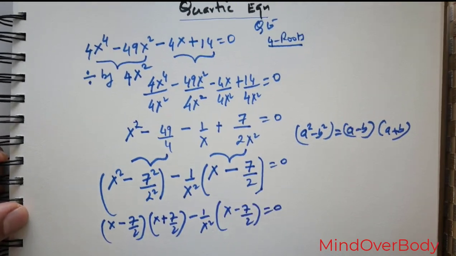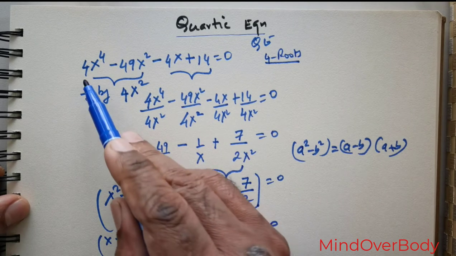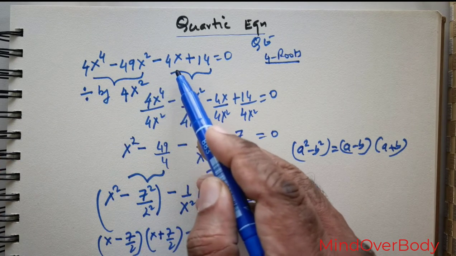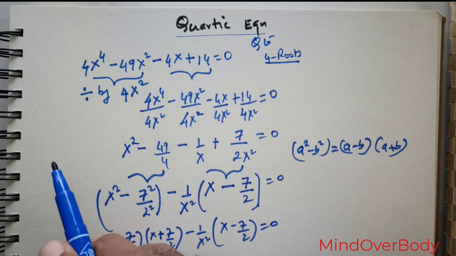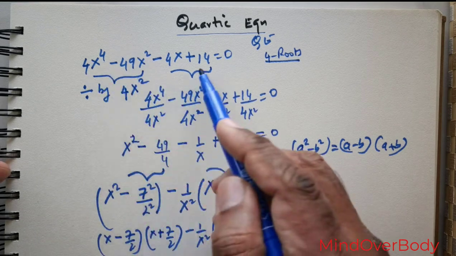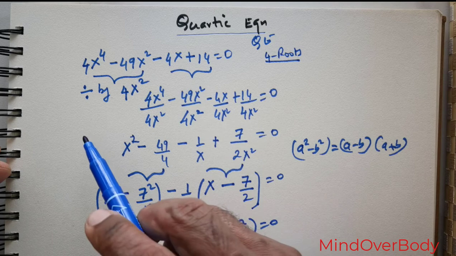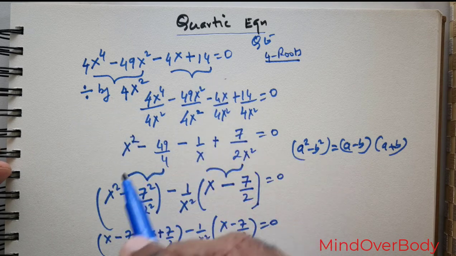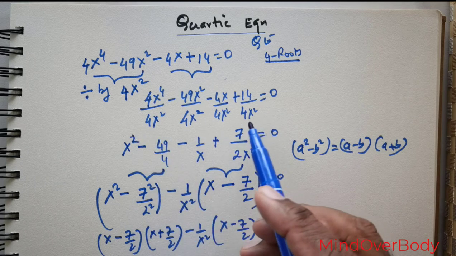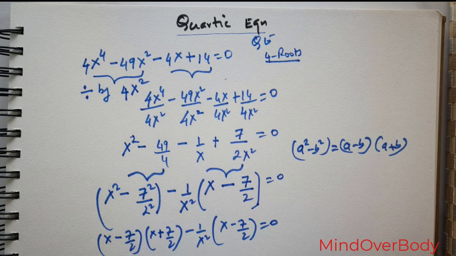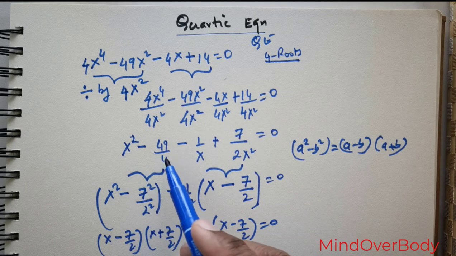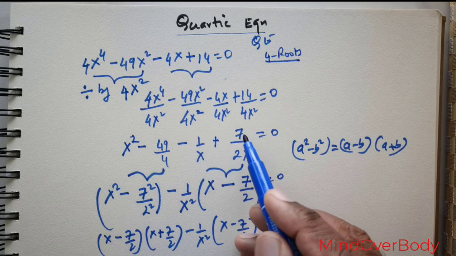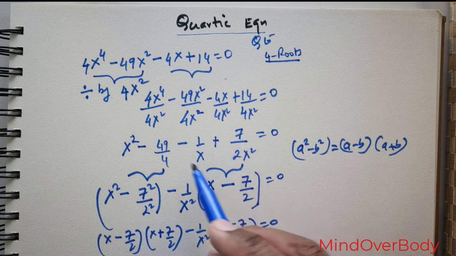Just to recap, we have been given 4x^4 - 49x^2 - 4x + 14 = 0. My intention is to club the first two terms and the last two terms together. Before that, I divide the entire equation by 4x^2. Upon dividing, I arrived at x^2 - 49/4 - 1/x + 7/2 times x^2... equal to 0.